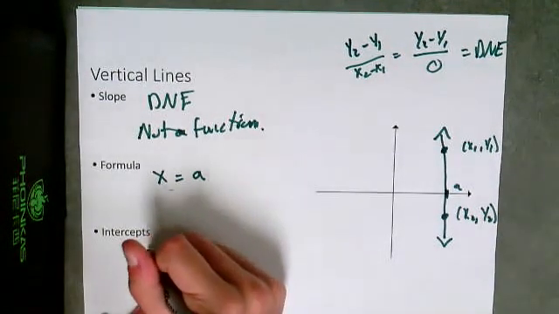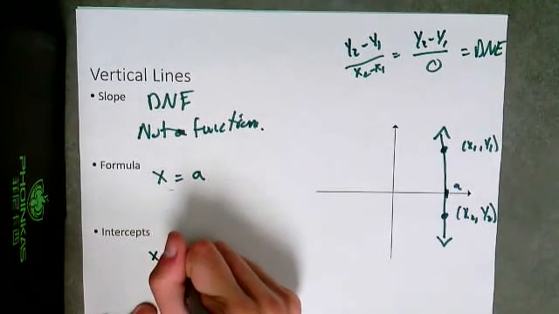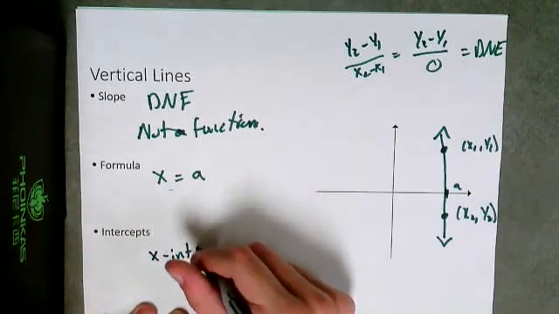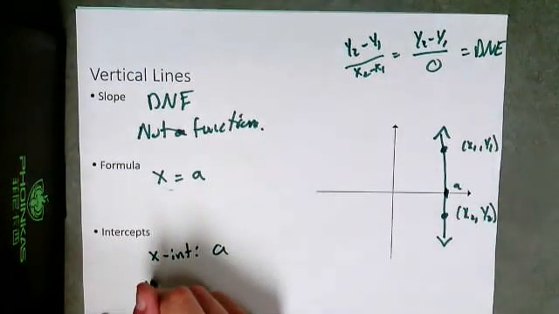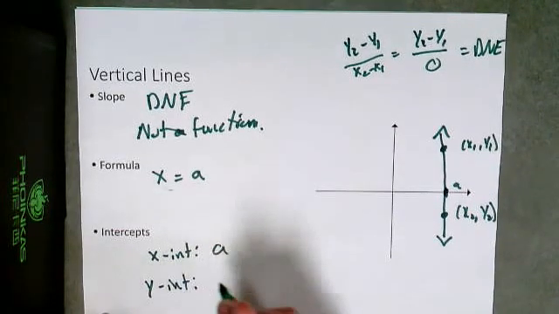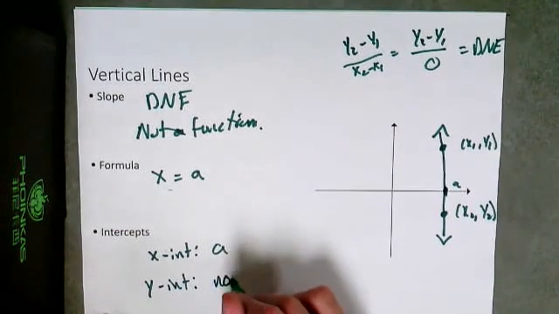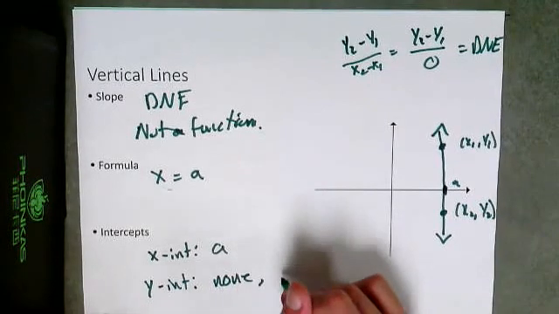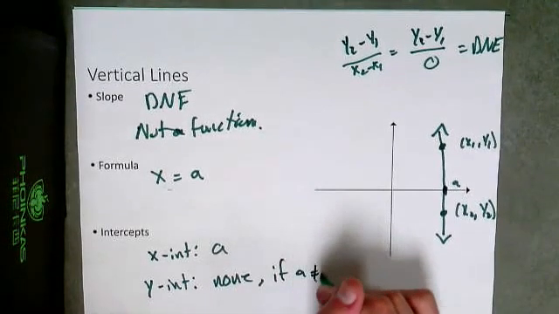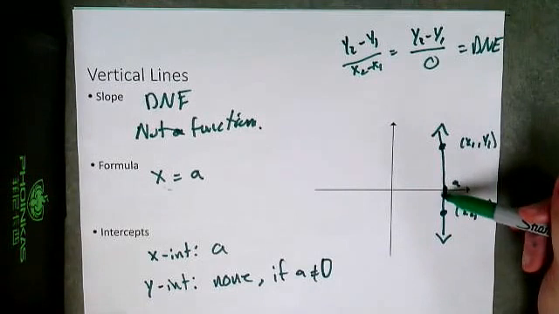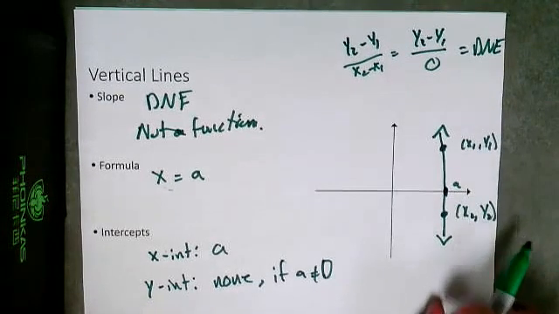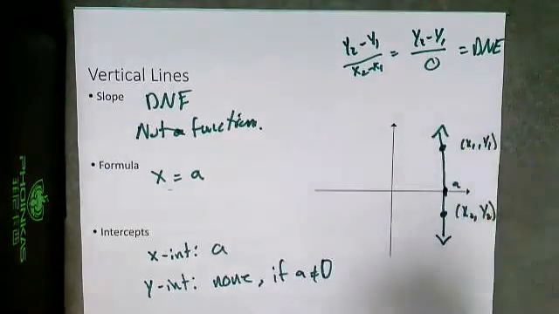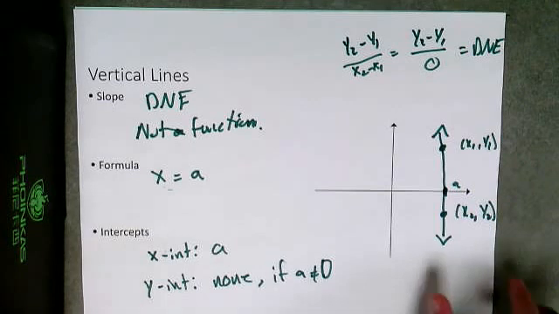So let's look at x-intercepts. It's just going to be at a. We only hit this one point. And as for y-intercepts, same deal as last time with horizontal lines. We're going to have none if this a value does not equal 0, right? This does not hit the y-axis anywhere, so it doesn't have any. It only hits it if it is the y-axis. Okay.